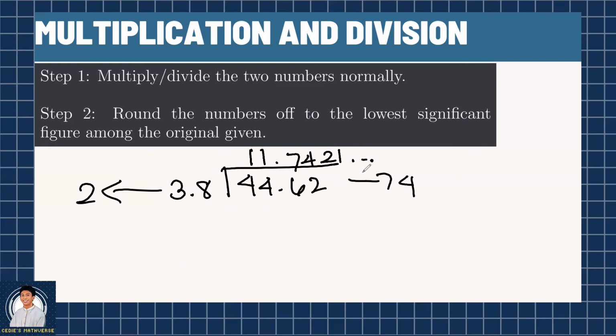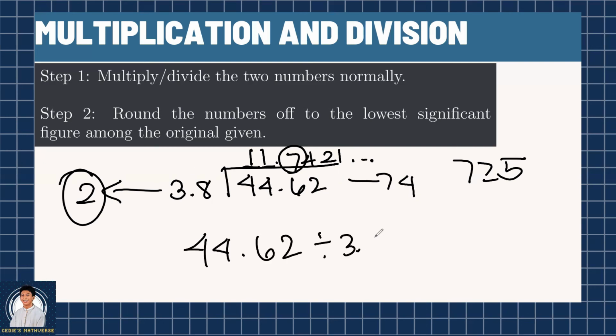But all we have to do is round this number to the nearest 2 significant figures. 1, 2. Since 7 is greater than or equal to 5, we will round up 11. So the answer for 44.62 divided by 3.8 equals 12.